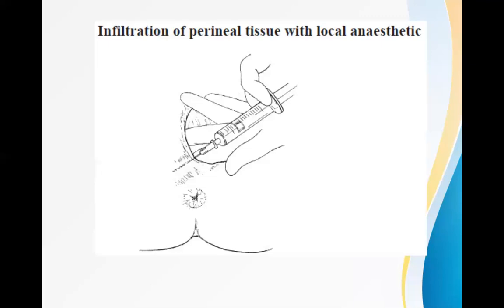Now look at this picture. This is a very informative one. This is the way you give lidocaine into the tissue, and look at the direction of this needle. You are exactly going to cut like this. This is a lateral type of incision. Mediolateral. This is the midline, and this is the lateral side.